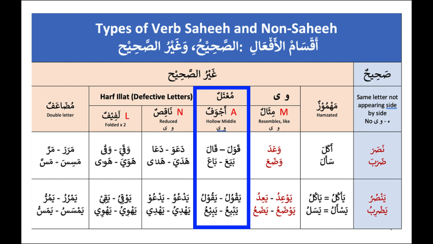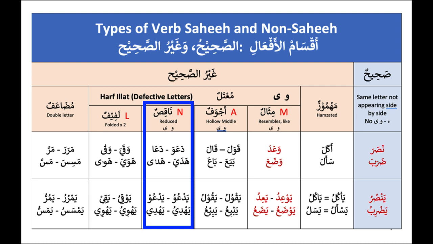What you need to remember at this stage is that azwaf are those verbs which have the middle letter, the second letter, as one of the harf-e illat, waw or ya, and that is in the middle. Misal, at the beginning, azwaf is in the middle. Like, ghayru sahih naqis verbs are those where the last letter is one of these two harf-e illat, waw or ya. First example is da'awa.